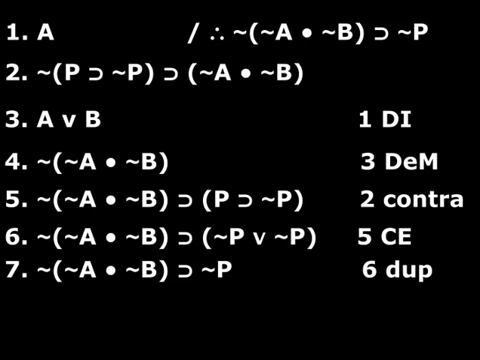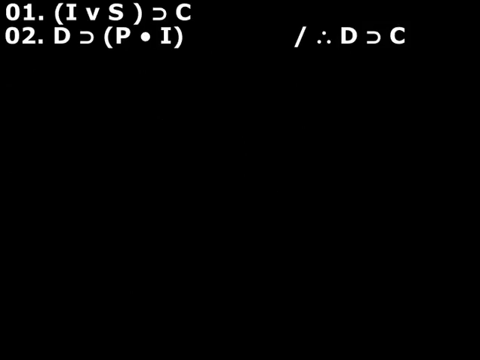Okay, let's do one more example. Now, if you look at this for a minute, if you've been doing a lot of proofs and you follow what's been going on so far fairly well, you should be able to see that this proof is valid just by looking at it and see why it's valid.